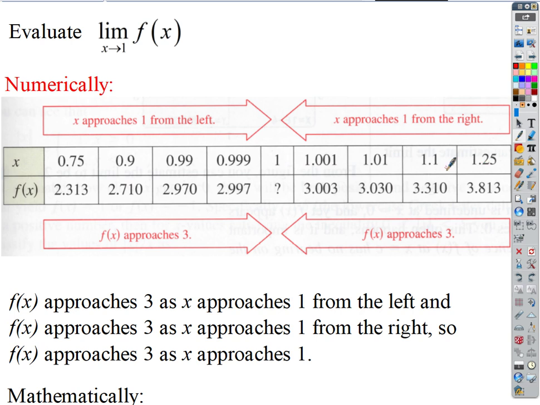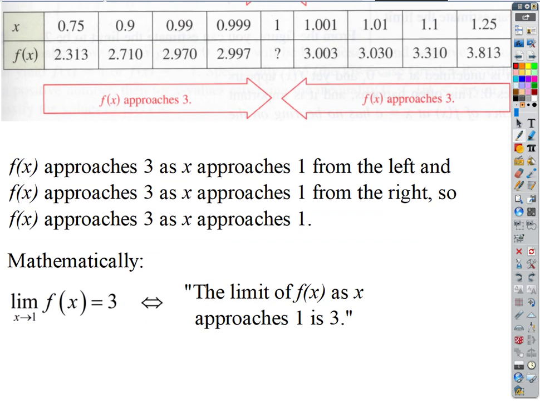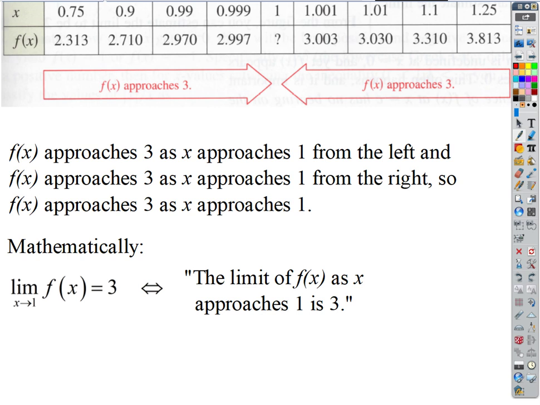Do the same thing from the right, and just see what value seems to be pinched between the outputs that we get as we get closer from the left and closer from the right to 1. And what's it pretty clearly approaching? 3, yeah, right? Okay, so there's just another quick look at our numerical, tabular approach.